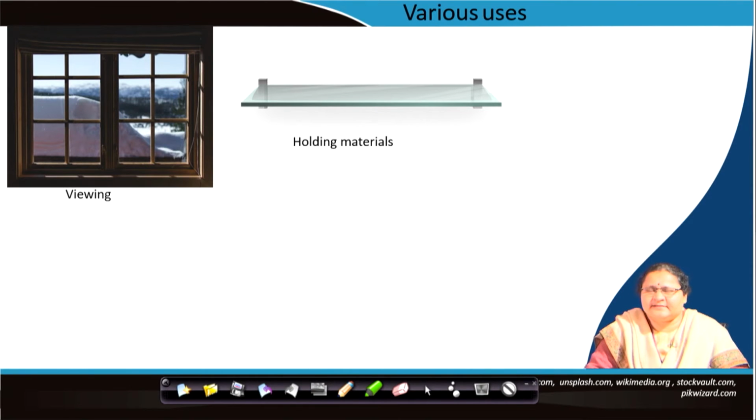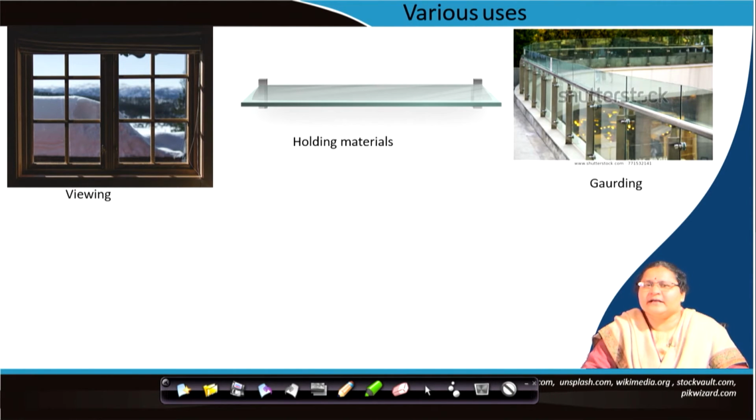You can see such shelves in shops, in showrooms, even in small grocery shops, there is a glass top where you can see what is below it, and the display is better. So, the shopkeeper puts glass as the top on which he displays his items. At the same time, you can see what is inside.